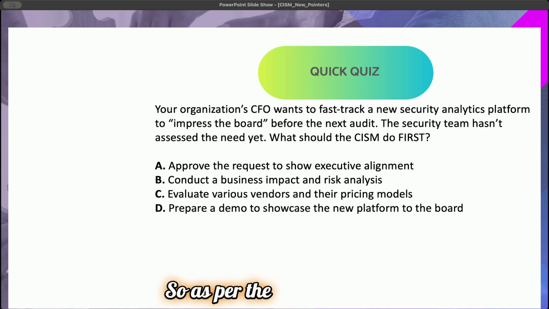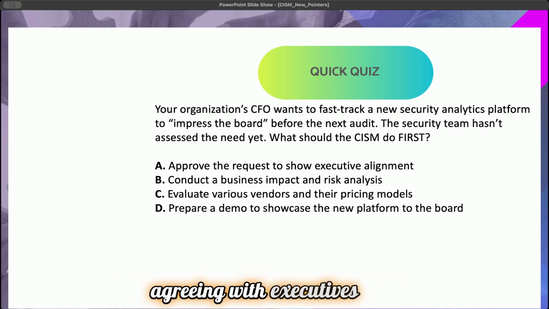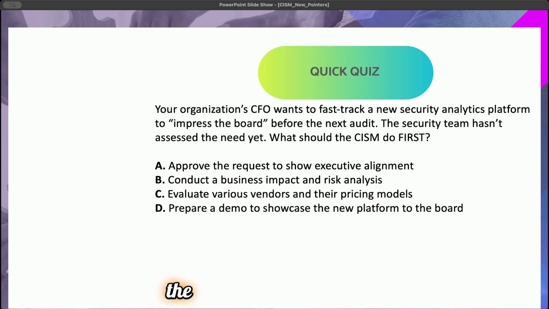So, as per the options, the first one says approve the request to show executive alignment. CISM doesn't mean blindly agreeing with executives, and this is politically tempting, but it lacks risk justification. We cannot just approve a request. Option C, again, you only compare vendors after confirming the business need and risk case.